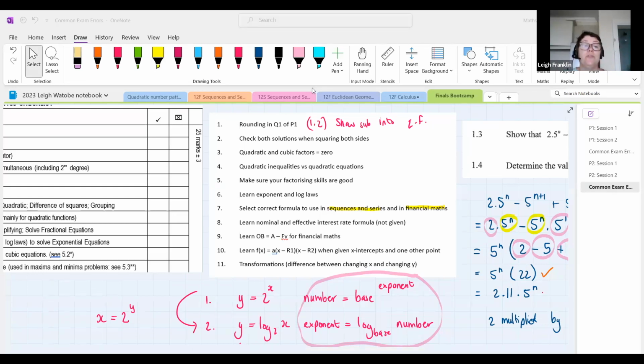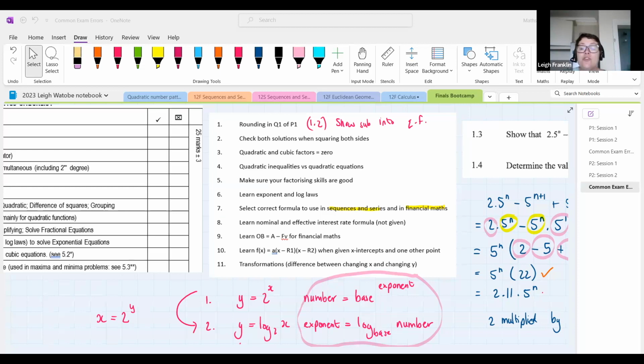Exactly. You would check for differences. If there was a constant difference, then you know that it's arithmetic. Good, Msomi, that's lovely. Or if there was a common ratio, if term 3 divided by term 2 was the same as term 2 divided by term 1, then you would know that it was geometric. So just be careful of that. Make sure that you use the right formula.